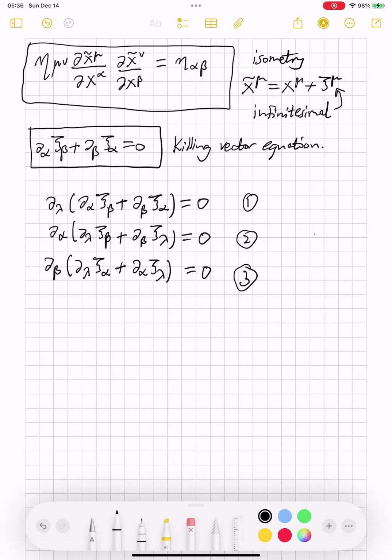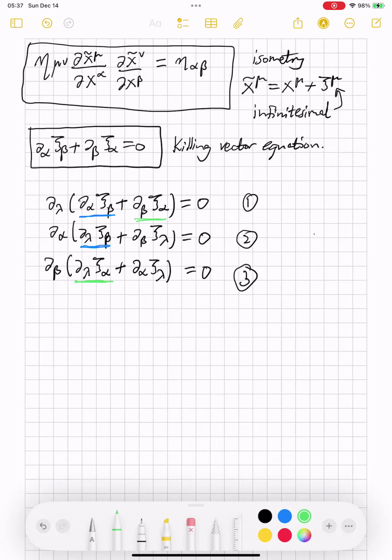Now, there's something that I want to draw your attention to. Look at this term, ∂_λ ∂_α ζ_β. This is exactly the same as this term. The indices of the derivatives are α and λ, and we're differentiating ζ_β. Next, look at this term, ∂_λ ∂_β ζ_α, and that's the same as this term.